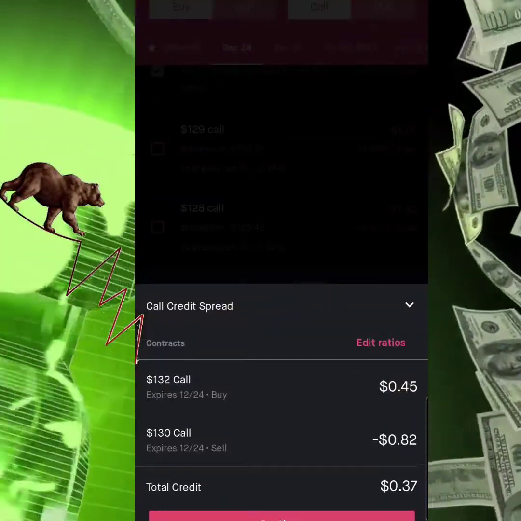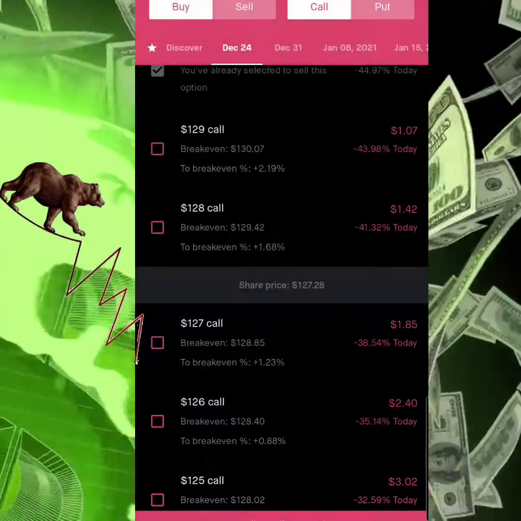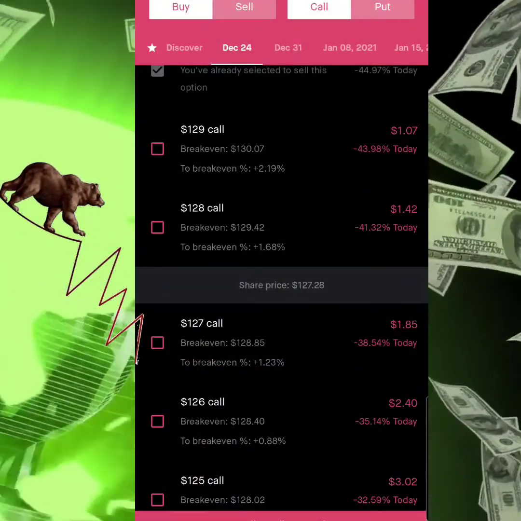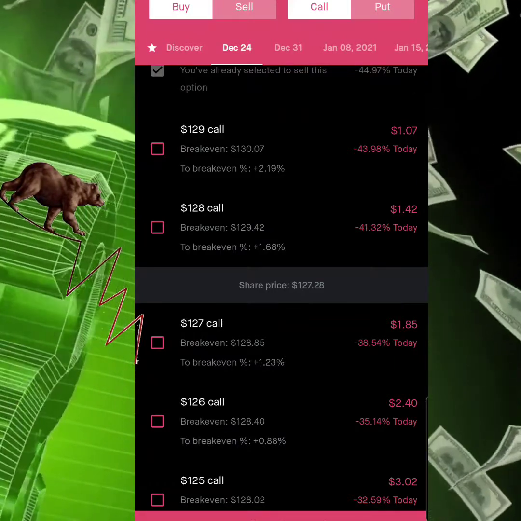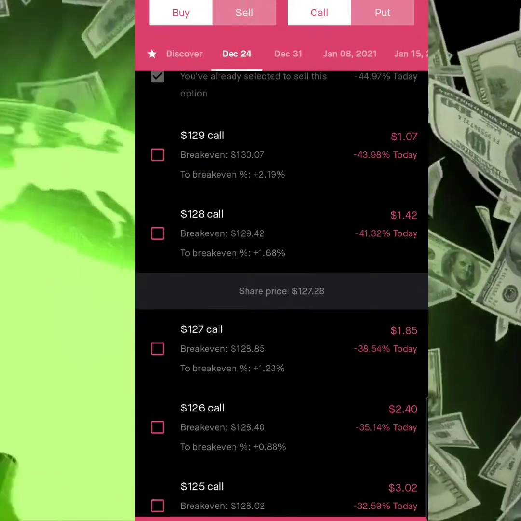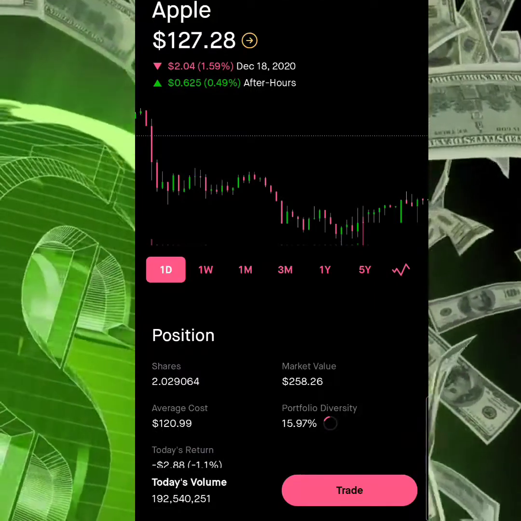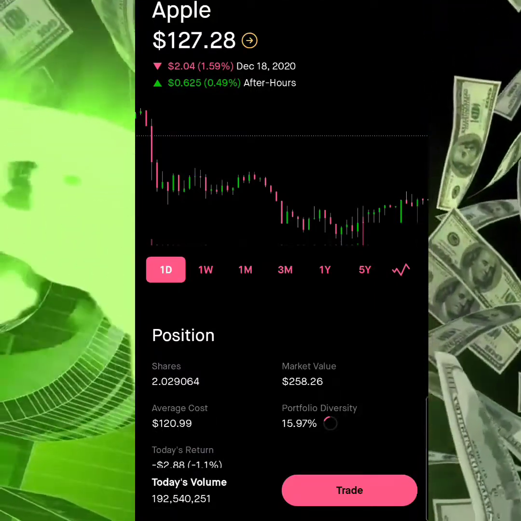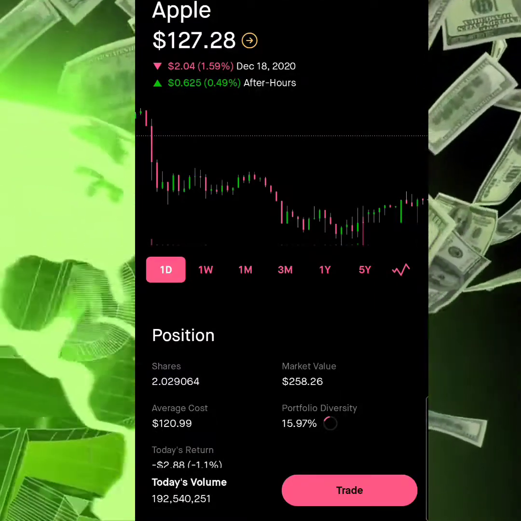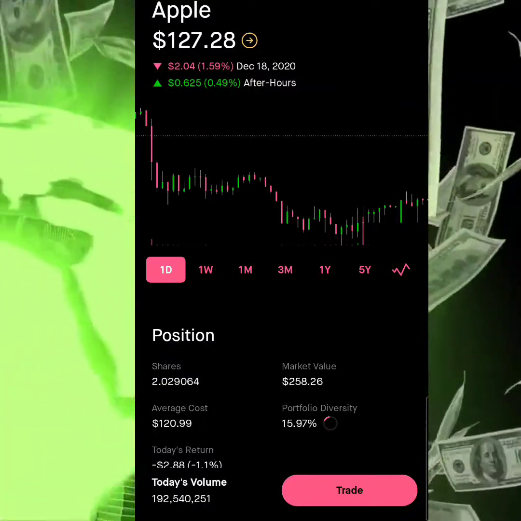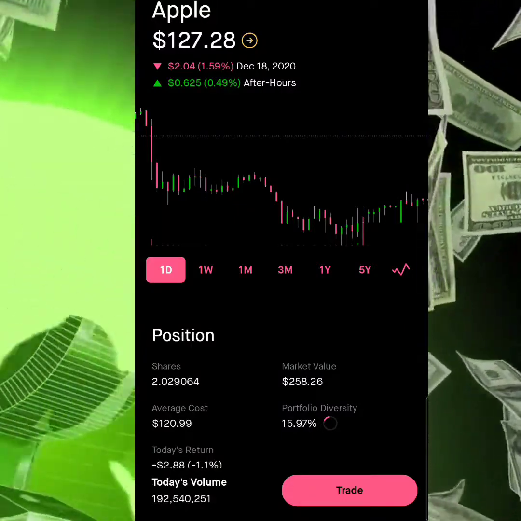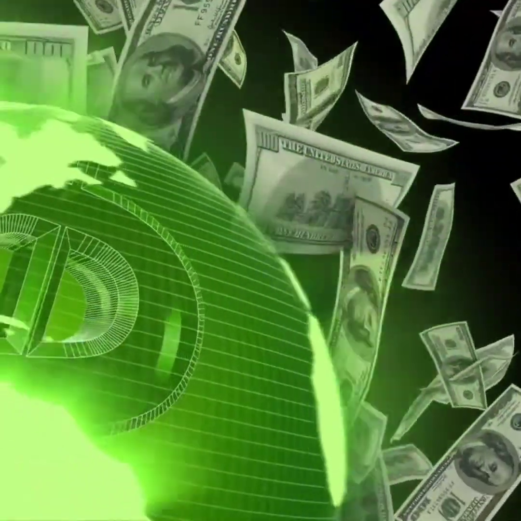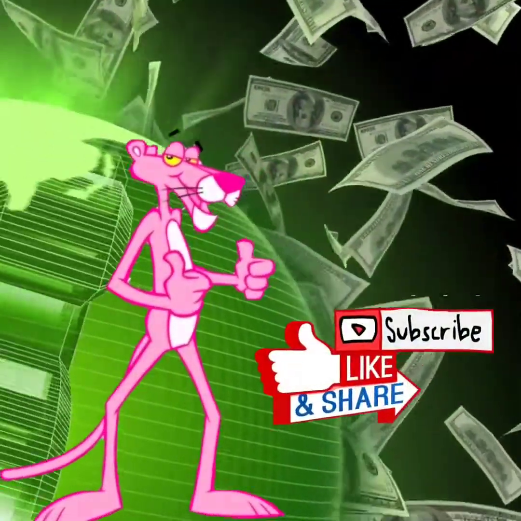But be reminded that for every contract, you're putting up $100 as collateral. That's the only thing you need to keep in mind. But if you've done your technical analysis and your fundamental analysis, you shouldn't have to worry about it. Okay? Now this Apple stock, this is one of my favorites to do this strategy on.